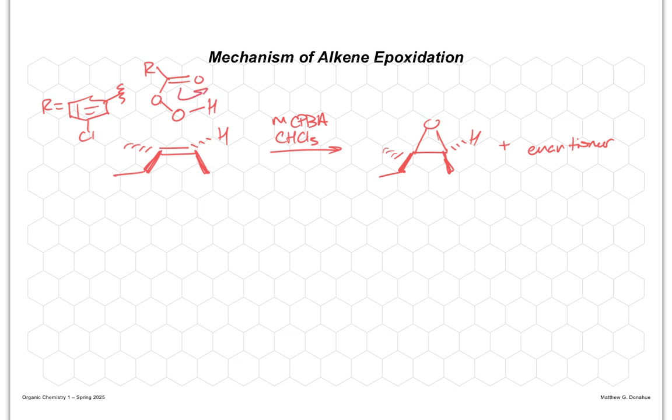We're going to have this pi bond come up. That's going to form an OH bond. So we're going to form an oxygen-hydrogen bond here. The electrons in this bond are going to come down.